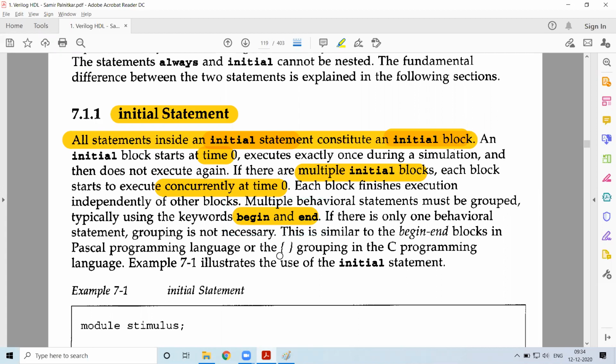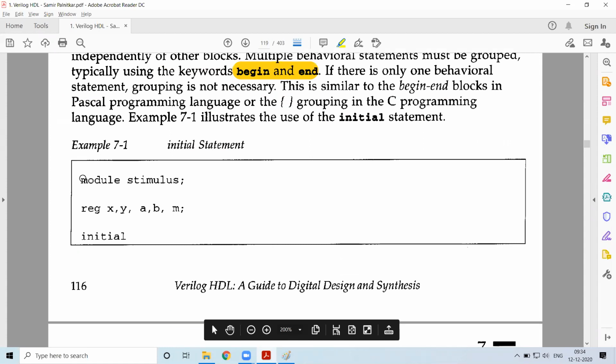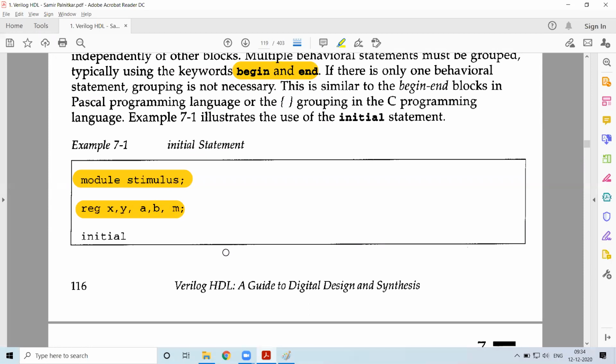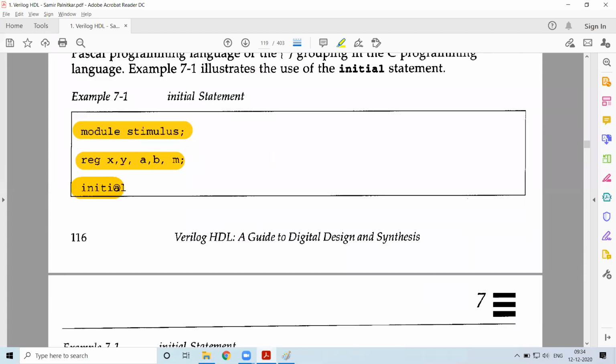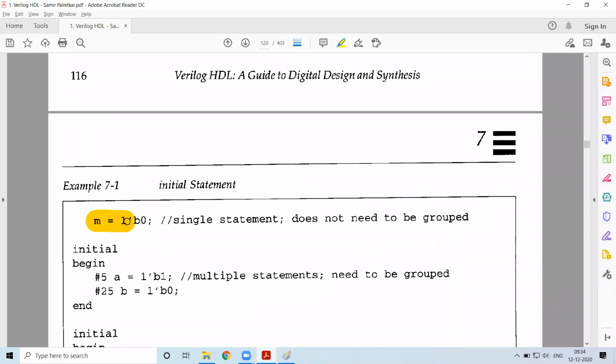So let us check this out here. Here we have module stimulus, with some data types being declared. Now the keyword initial is being utilized. In this initial, you can see that there is no begin and end. But here m is assigned a bit value of 0.